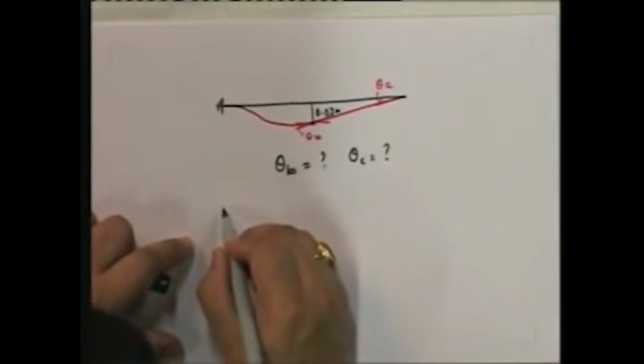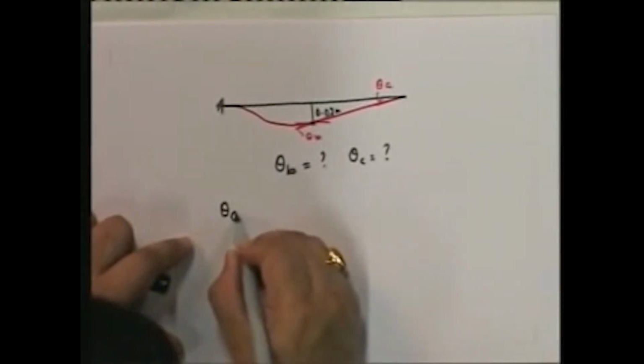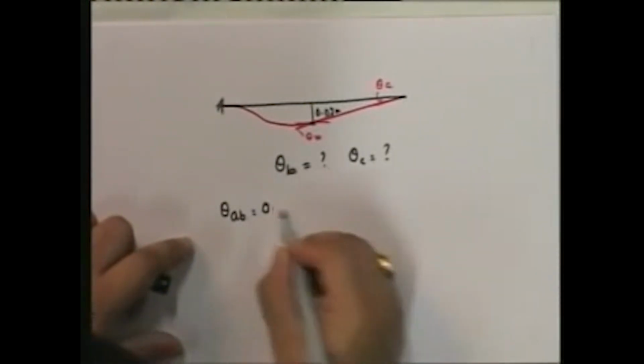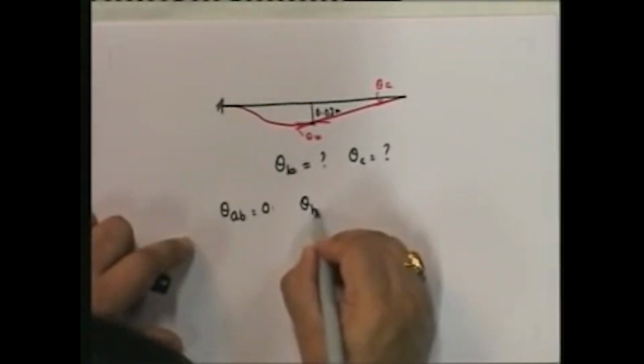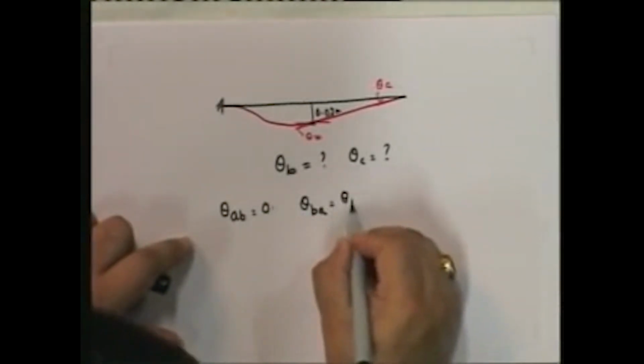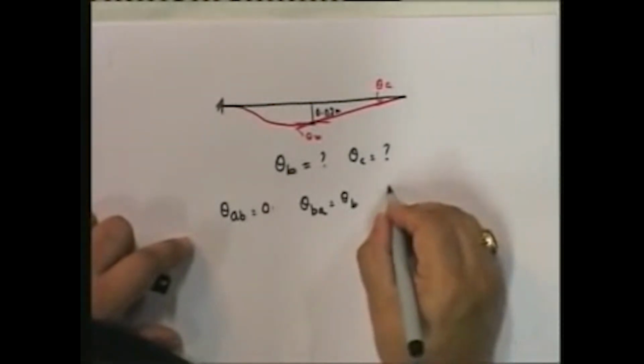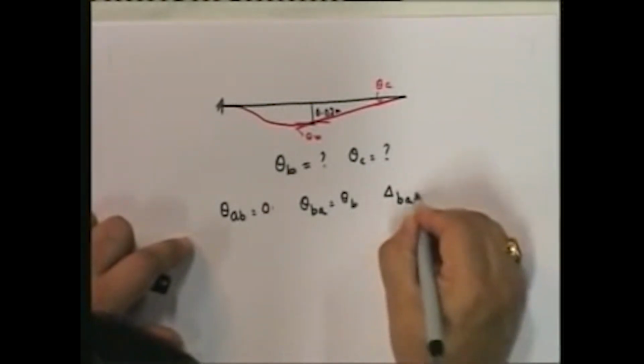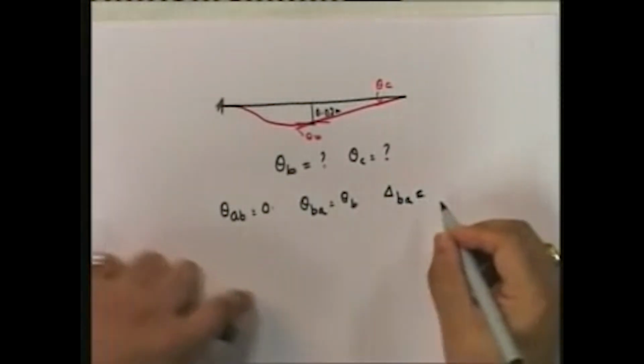Again, going back, what do we have? By compatibility condition, theta AB is equal to 0, theta BA is equal to theta B, delta BA. Now this is interesting. What is delta BA?